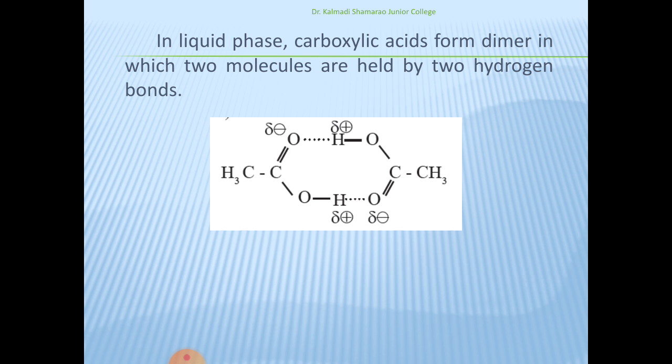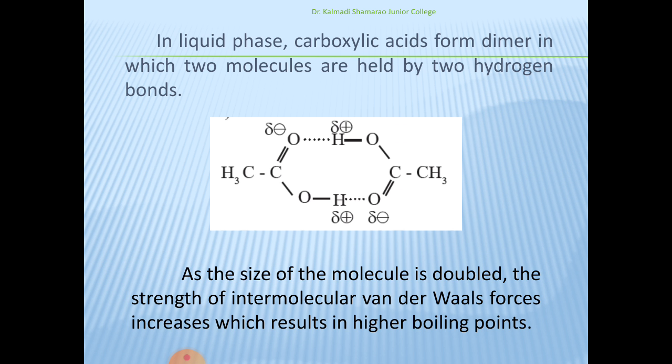In liquid phase, carboxylic acids form dimers in which two molecules are held by two hydrogen bonds. As the size of the molecule is doubled, the strength of intermolecular van der Waals force increases, which results in higher boiling points.